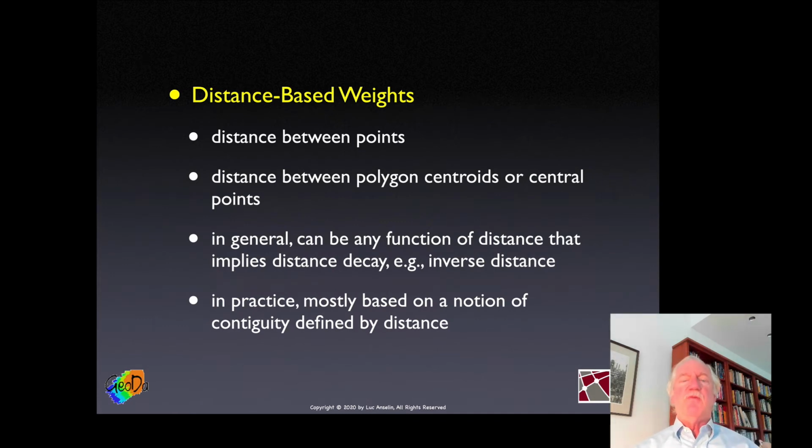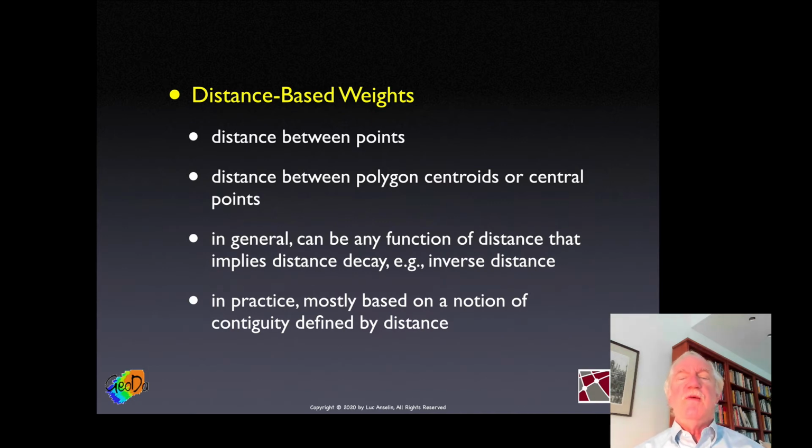As I mentioned, the other broad category of spatial weights that are based on geography are based on the notion of distance. And distance is between points. Common borders is between polygons.